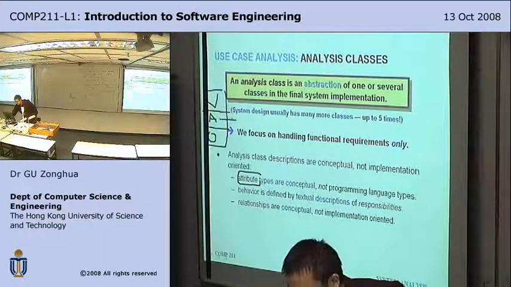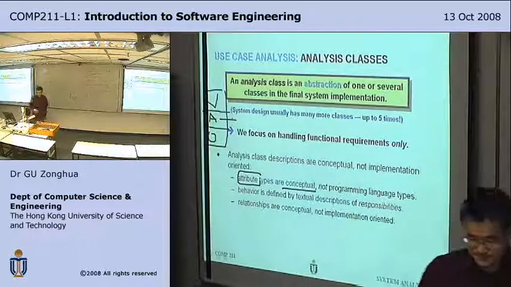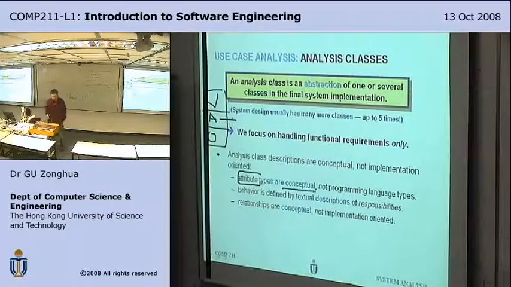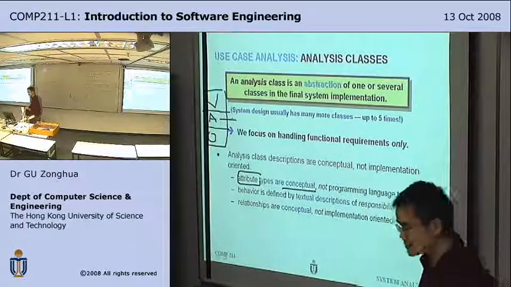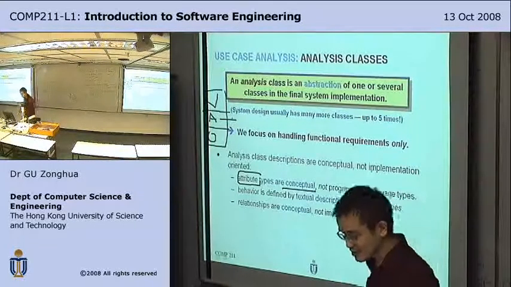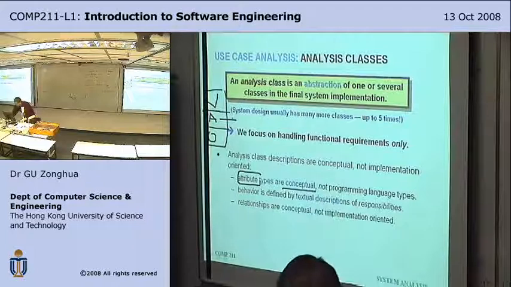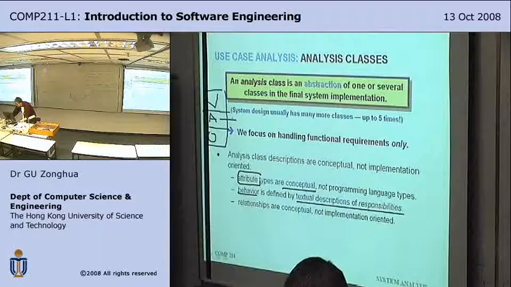Attributes, they may have attributes there, but they're conceptual. That is, you can say anything you want. Salary could be money. So you don't have to say floating point or double or integer, etc. Behavior is defined by textual descriptions of responsibilities.